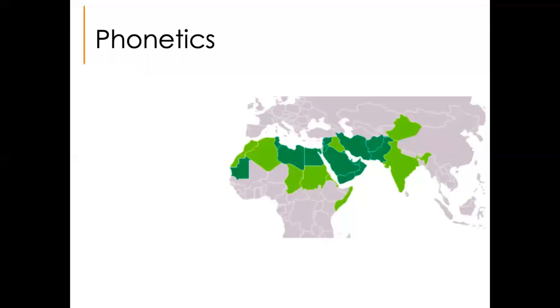And so these green areas in the map, this is probably where you will hear Arabic sounds, or what we call now alphabets, and there's 28 of them. So this is just basically the actual study of the sounds themselves.